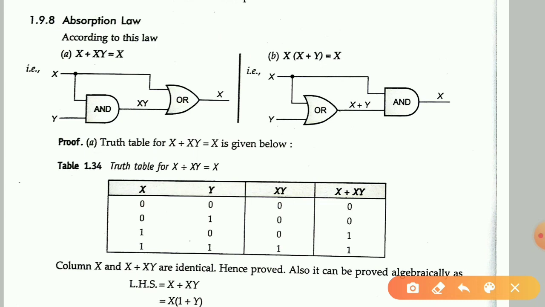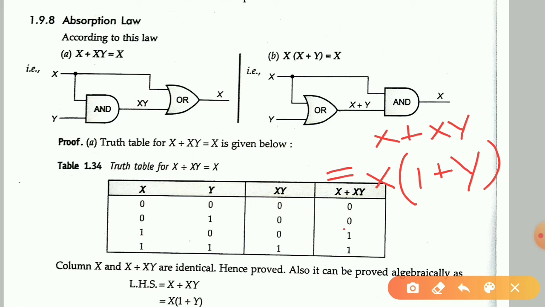I am writing again over here x plus xy. Clear? Now I am taking x common, so it remains 1 plus y. Now by applying the property, 1 plus y becomes 1. So x dot 1 equals x. Clear? This is the proof of the first law.